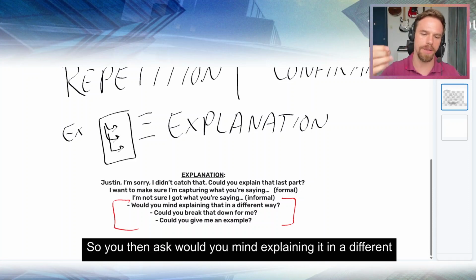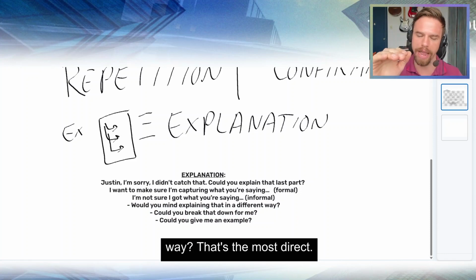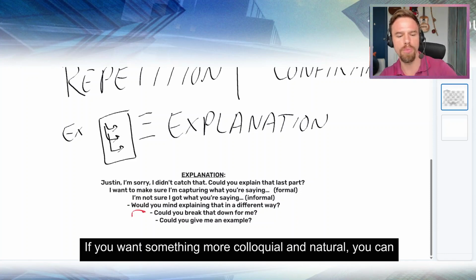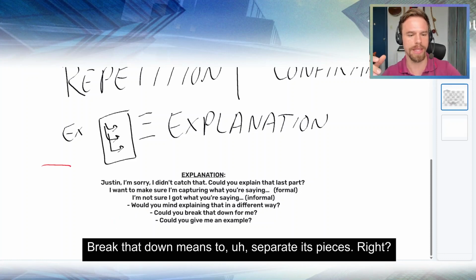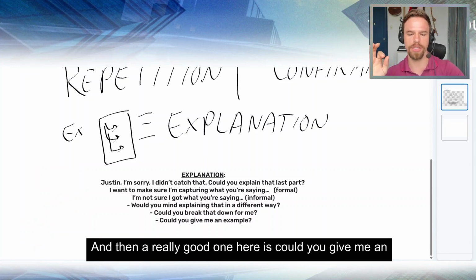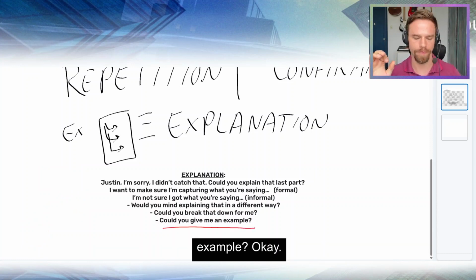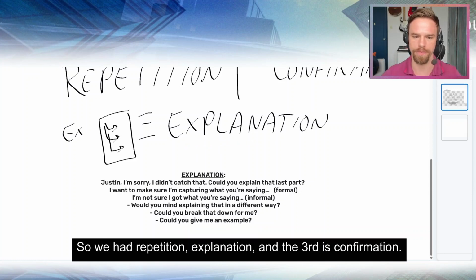So you then ask, would you mind explaining it in a different way? That's the most direct. If you want something more colloquial and natural, you can ask, could you break that down for me? Break that down means to separate its pieces, right? And then a really good one here is, could you give me an example? Okay, so these are ways that you can get an explanation.